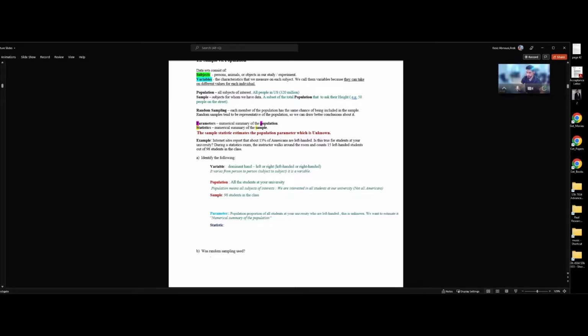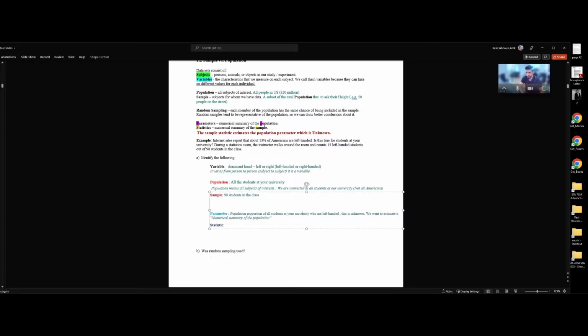In the previous example, the numerical summary was the mean or the standard deviation, but right now we are trying to calculate this parameter, which is unknown because we don't have any information about all students of our university. The population this time is all students at our university. So we want to estimate the numerical summary of the population.